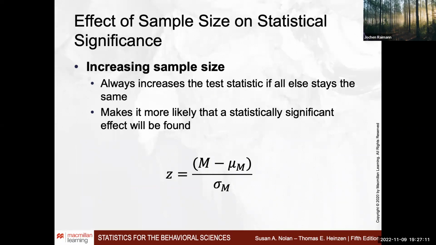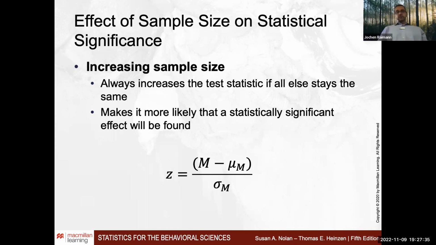If your standard error of the mean is larger, your Z score is going to be smaller. On the opposite, if your sample size is very large, your standard error of the mean is going to be very small. If your standard error of the mean is very small, your Z score is going to be rather large. So you may get a significant difference, although the difference per se is not really large.